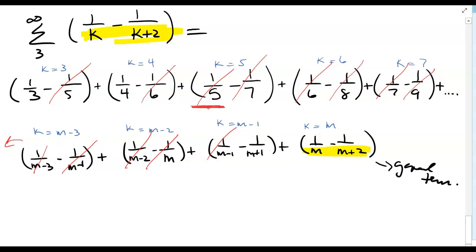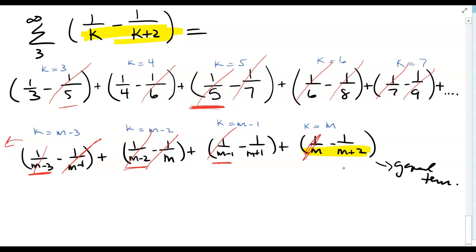The first thing that canceled, it took us 1, 2, 3 times to get there. The 1/5 canceled with a term 2 prior to it. So that first term is going to cancel with something 2 prior to it. This is going to cancel with something 2 prior to it, the same way this canceled with a term 2 prior to it. Right?